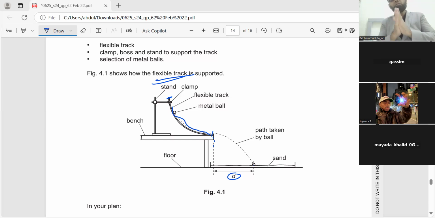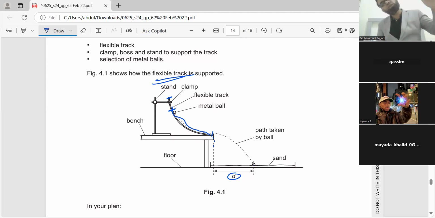So what we can do, we can change the different heights for every reading. We will keep the ball at the same point every time on the track. But we can make it curved, and we can make it more and more steeper.